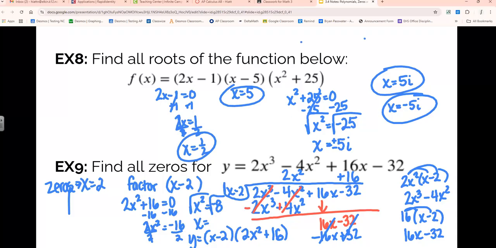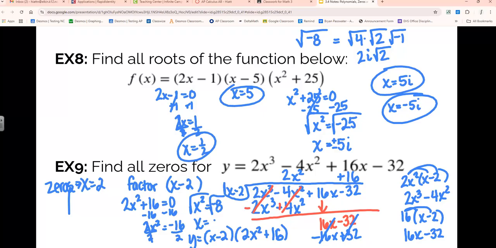I can break it down, because when I'm trying to do the square root of negative 8, it could be the square root of 4 times the square root of 2 times the square root of negative 1. And so what's the square root of 4? It would be 2, square root of 2, and then that negative just becomes the i.